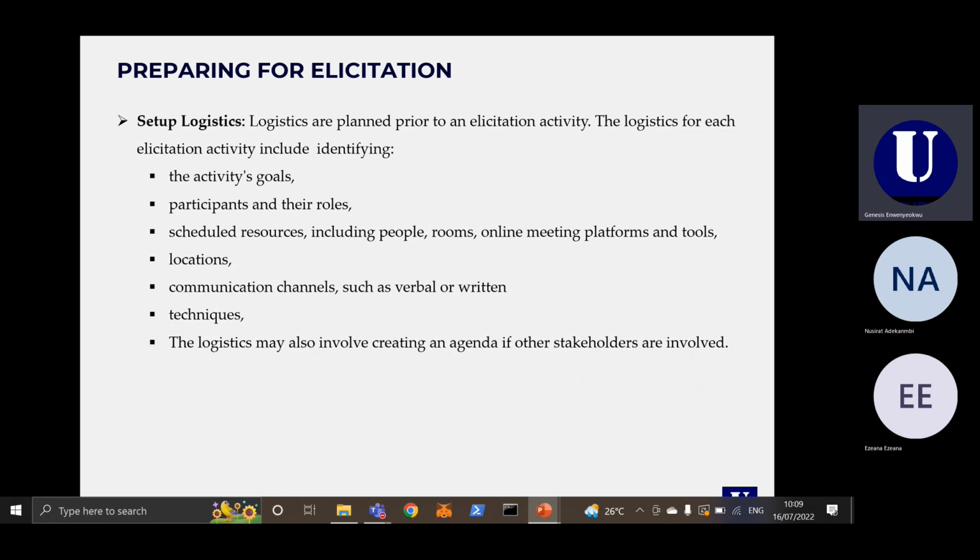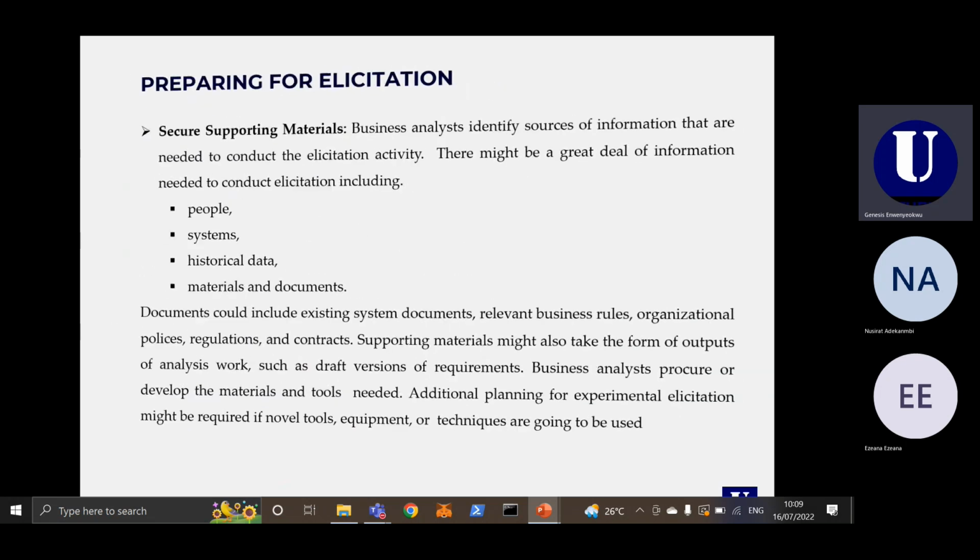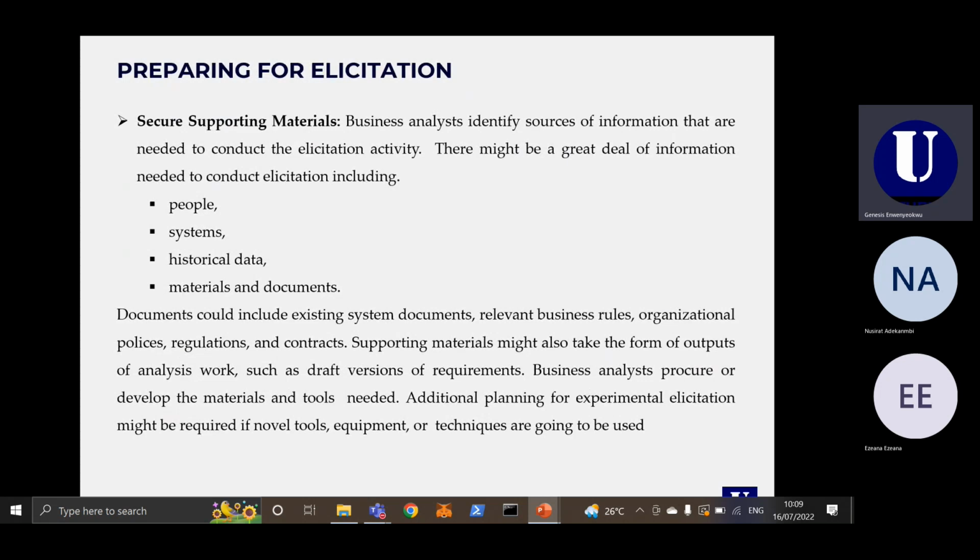In that mail, I have the elicitation agenda, the scope of elicitation, and the activities of the elicitation we are performing, so that the customer and stakeholders are well prepared and they understand what I will be doing with them.